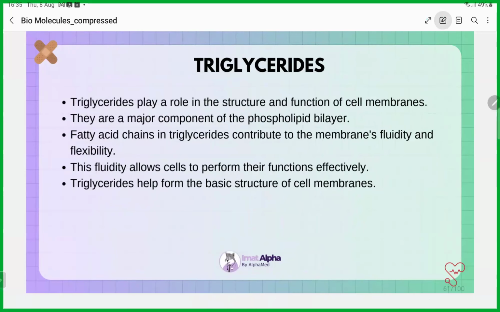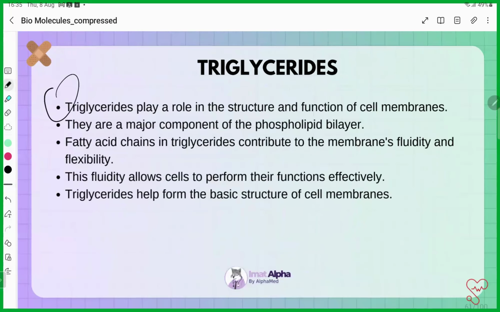Okay, so there was a question in the IMAT that said that triglycerides are not inside animal cell membrane, does not exist there. So let me just make sure, because I remember I solved it.